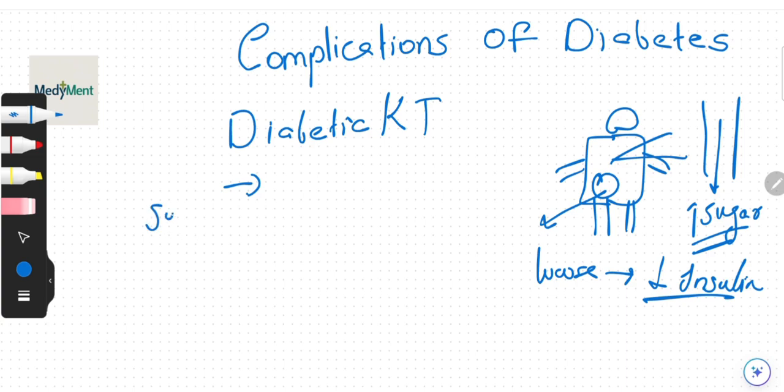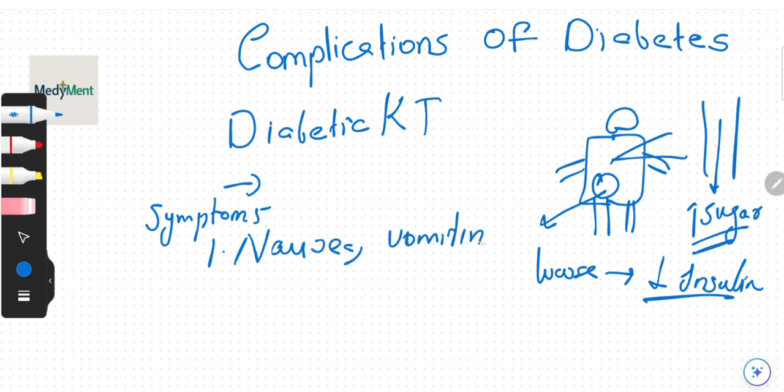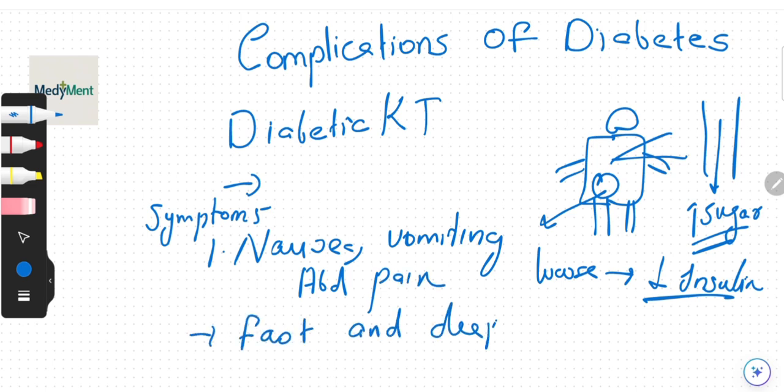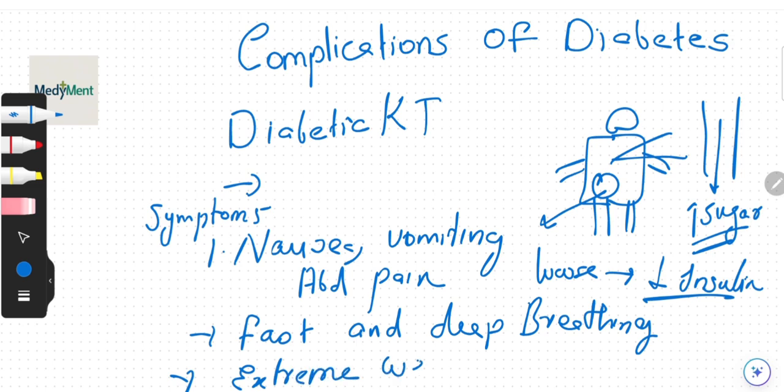But what are the symptoms? First is nausea, vomiting, and abdominal pain. Second, fast and deep breathing. Third is extreme weakness and drowsiness.